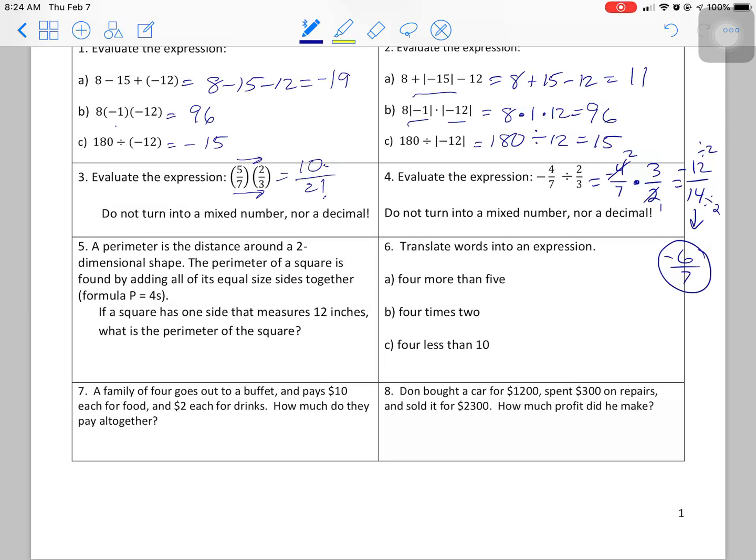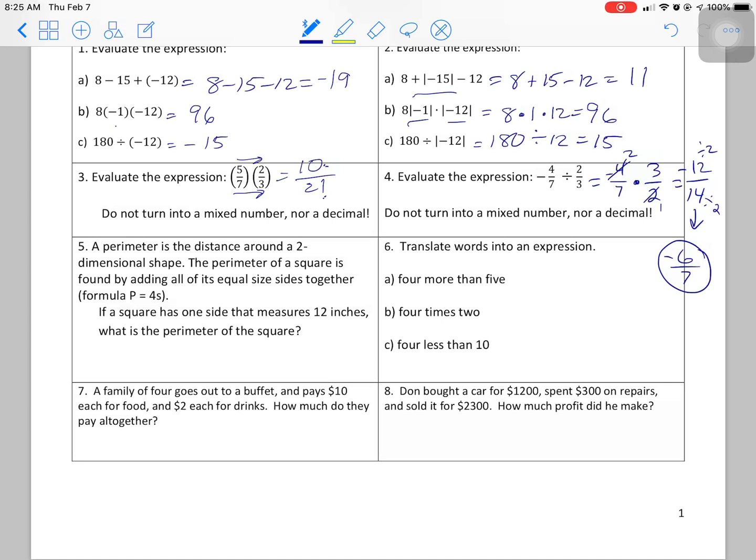All right, so perimeter is the distance around a two-dimensional shape. The perimeter itself is a distance, which is one dimension. A two-dimensional shape has sides, and if you had to find the area, it would be length times width.